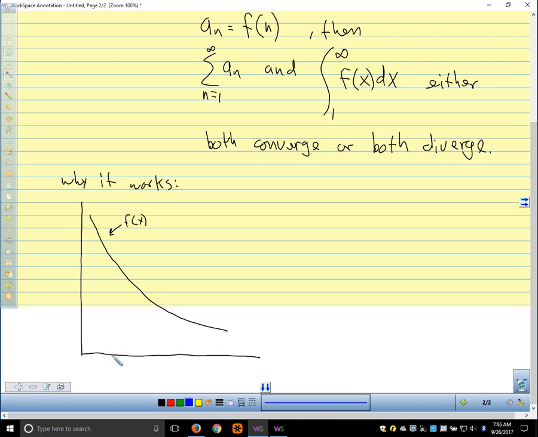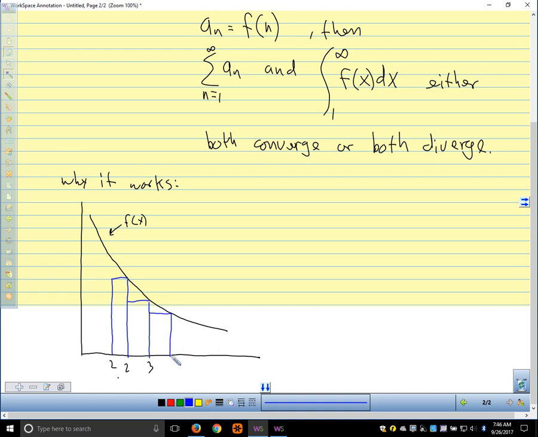So I'm going to draw in some rectangles here. So I'm going to say this is 1, 2, and I'm going to do the inscribed rectangles, like so. 3, and I'll do one more.